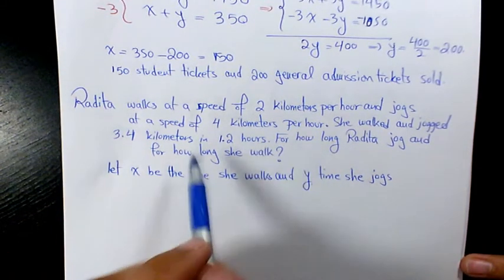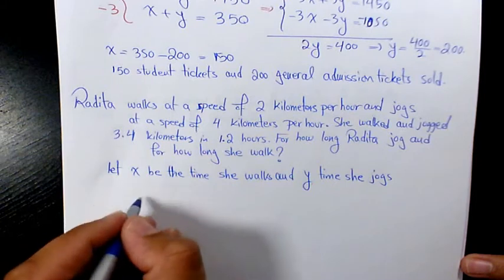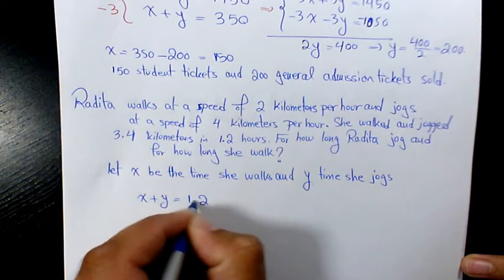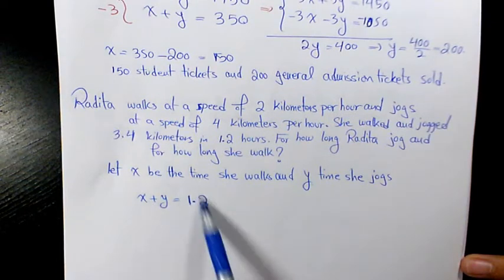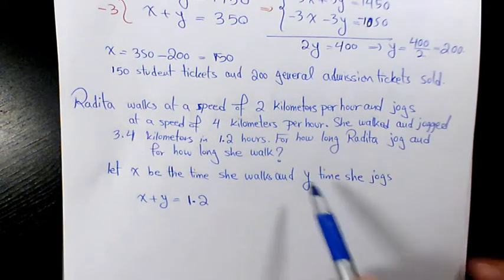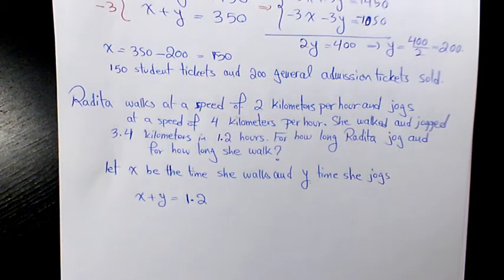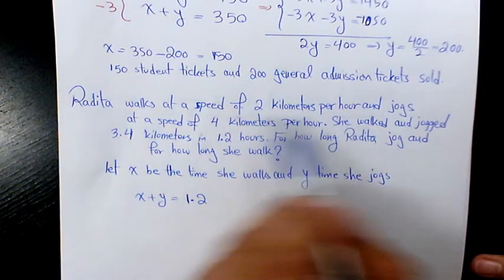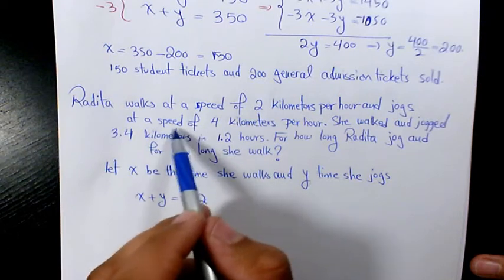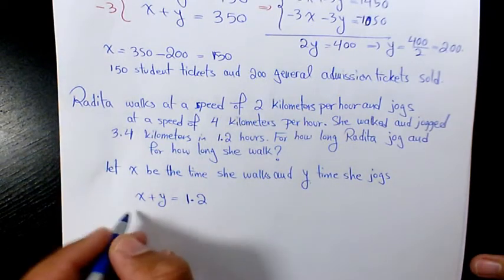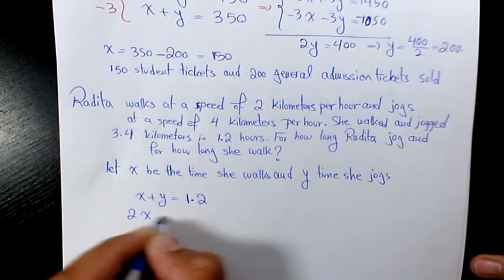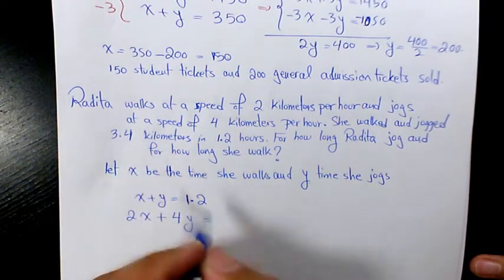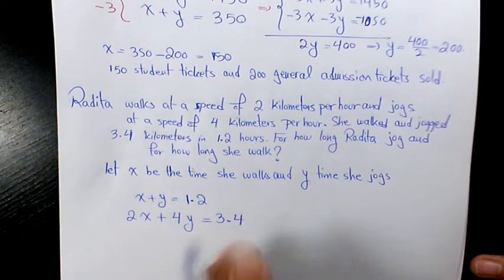So we can say that x plus y is going to be 1.2 hours, because in total it's supposed to be 1.2 hours. Then 2 kilometers per hour walk and 4 kilometers per hour jogs. So it's going to be 2 times x plus 4 times y equals to how many kilometers in total? It's going to be 3.4.